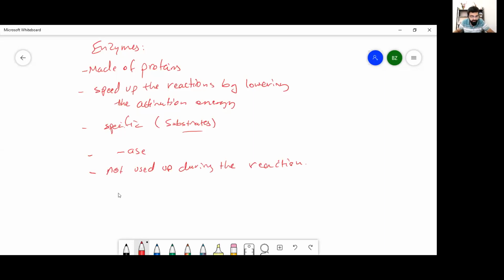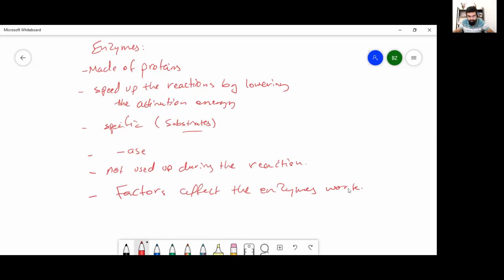We have factors that affect the enzymes' work. What are these factors?